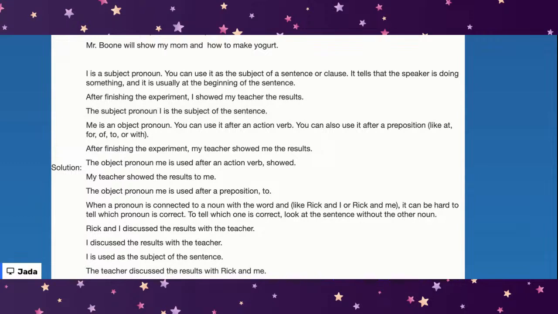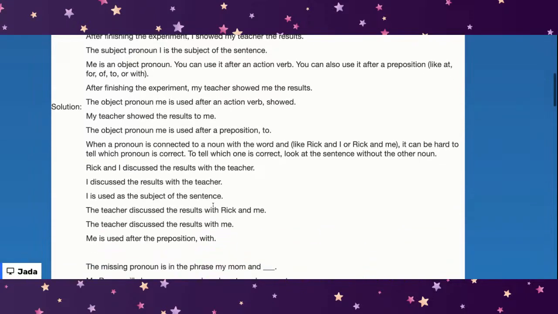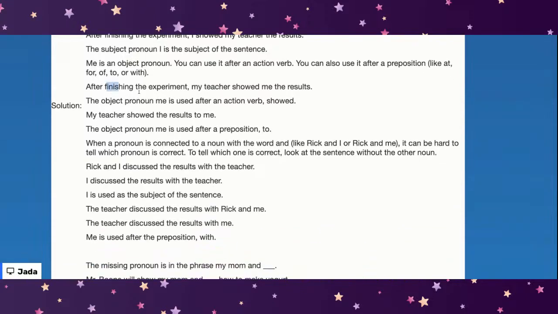So let's go. After the experiment, my teacher showed me the results. This is the me here as the object pronoun. The object pronoun me is used after an action verb, showed. So what did the teacher do?